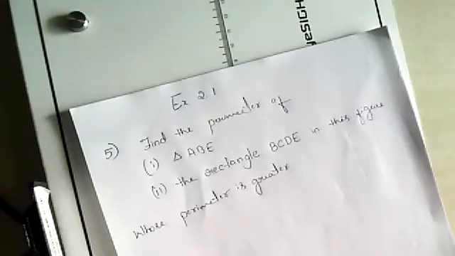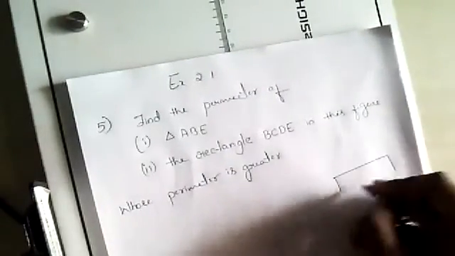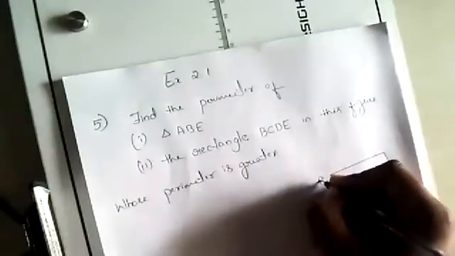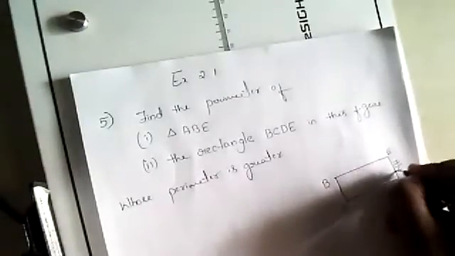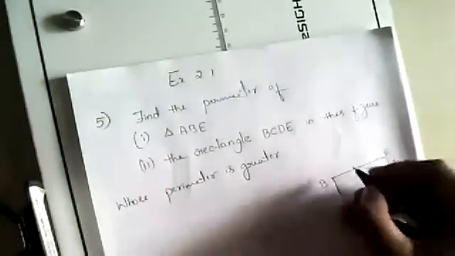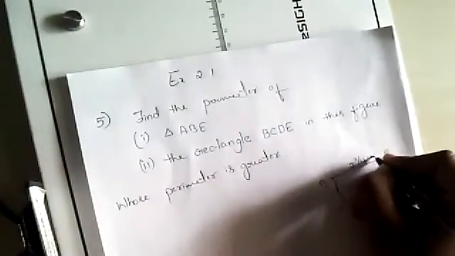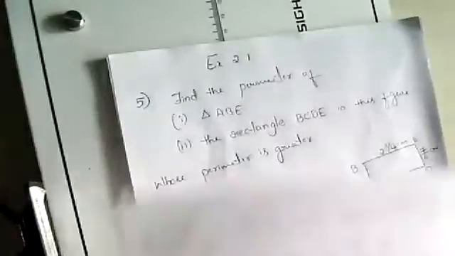Okay, so I'll draw the picture. Rectangle BCDE. This side they have given 7/6 centimeter, and this side they have given 3/4 centimeter. Wait, I will show you the picture. Last sum we have solved.